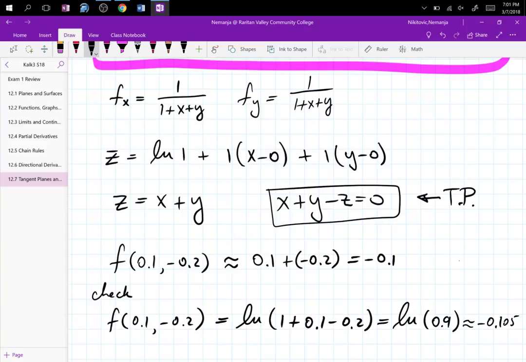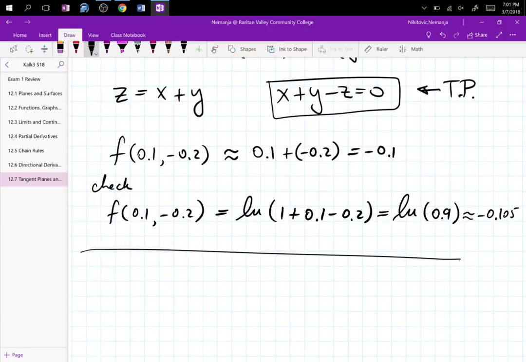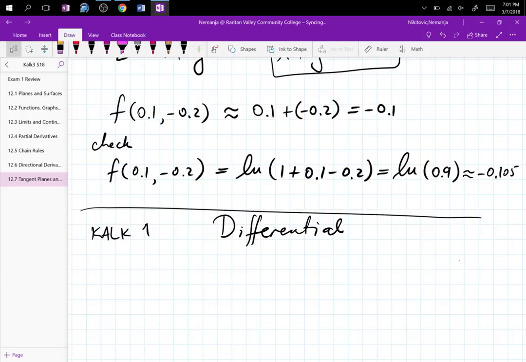The last part of this lecture is on differentials. Again, going back to Calc 1, talk about differentials. It was a simple mathematical manipulation between Newton notation and Leibniz notation.